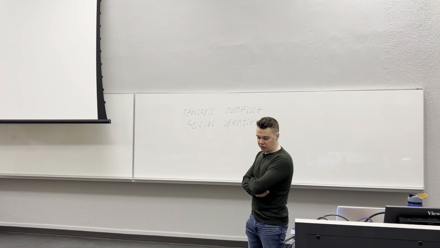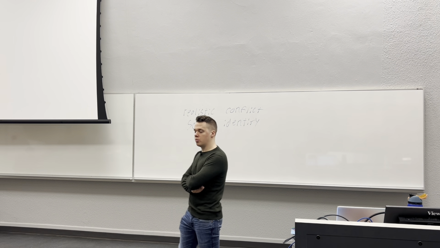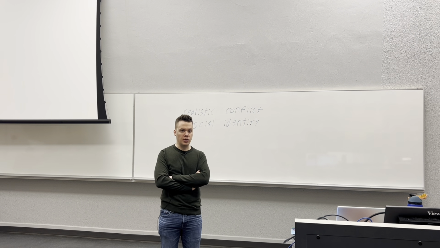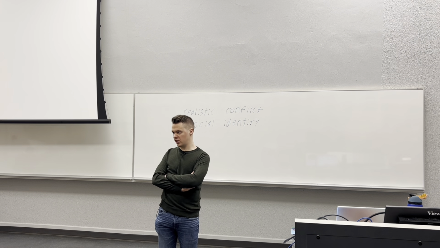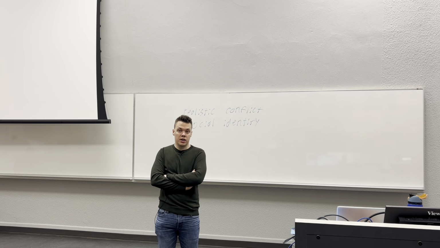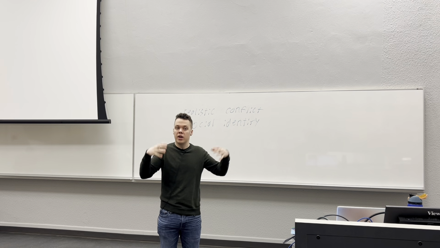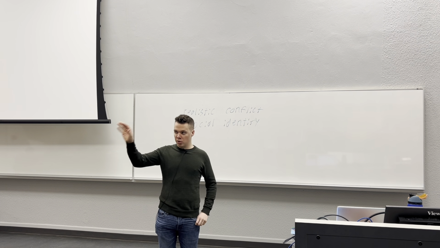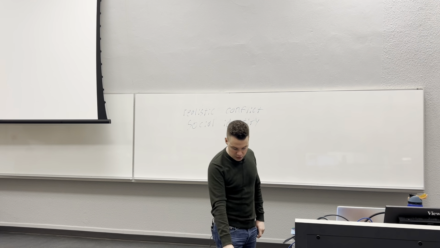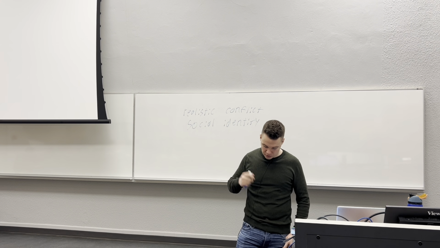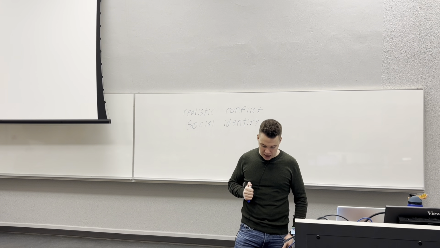Realistic conflict theory says that racial prejudice and other forms of prejudice increase when resources are scarce. So there are indeed studies finding that when the economy is not doing so well, measures of racial prejudice tend to go up. People start to kind of hunker down, they want to stick with their in-group, they blame the scarcity of resources on minority groups. This is a pattern that has been replicated.